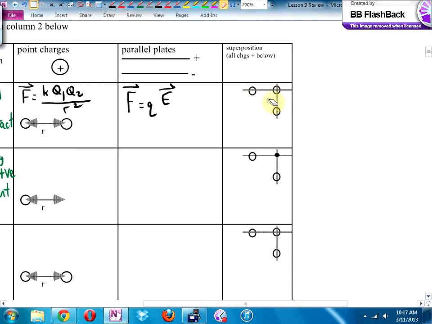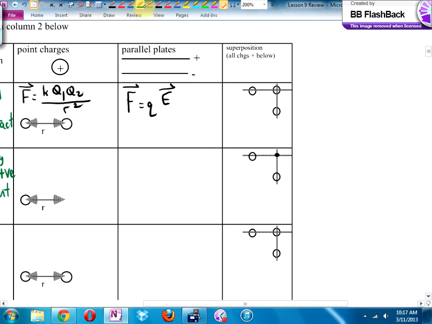What if you have multiple charges? So what if you wanted to find the net force on this charge here? Don't write this down. I'm really going to scribble on this diagram. You would temporarily ignore that charge. In your mind, scribble it out. You would find the force, magnitude, and direction from this guy on that charge. Maybe it's to the right. Maybe it's to the left. But it's got to be one or the other because like repel, unlike attract.